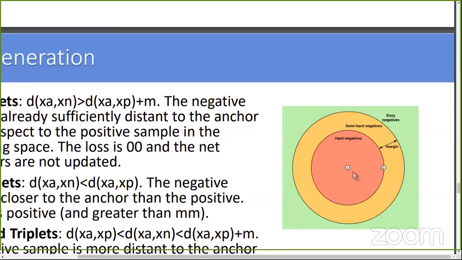So we need to define a strategy so that we select the examples that are hard to distinguish, so that the system will learn something good. So usually what we do is, what is hard? Let me explain what is hard negative. Hard negative is something whose distance is similar to the positive distance and lies within the boundary.